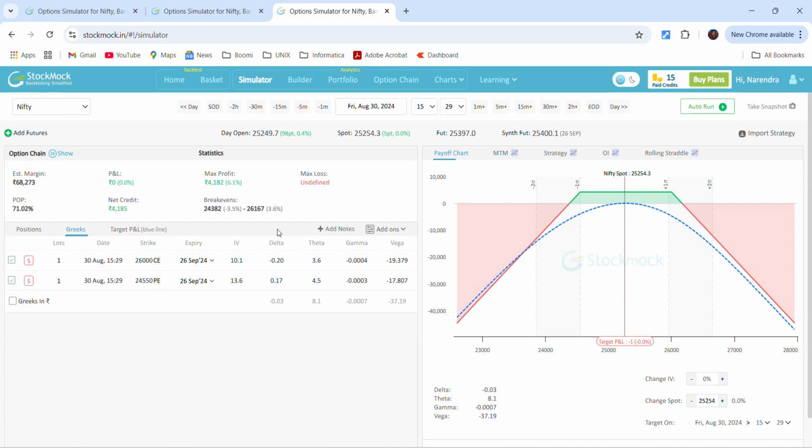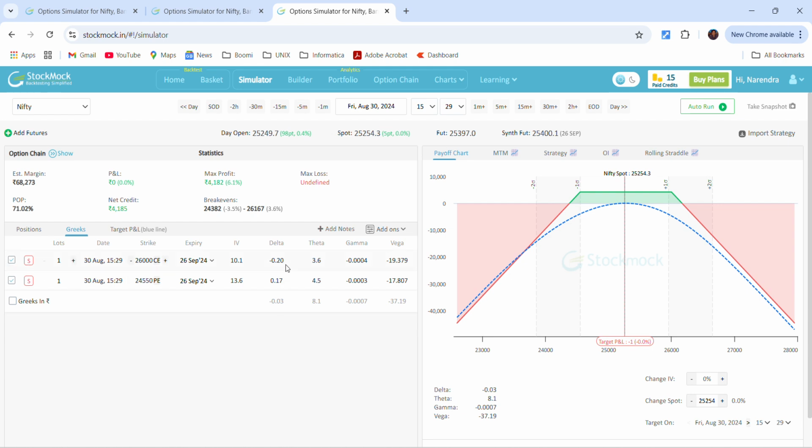It plays a bigger role. For now, let's understand this delta. Here we see the delta for both the call side and the put side are very close, and if you add both of them, it becomes near zero. That's why we call these neutral strategies delta neutral strategies.